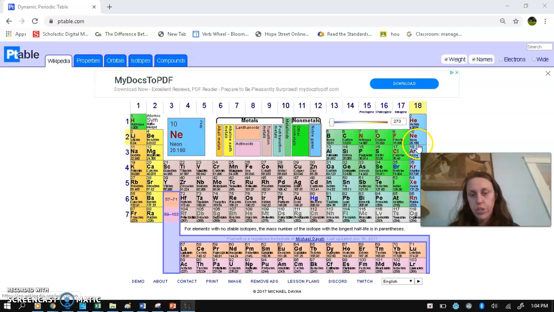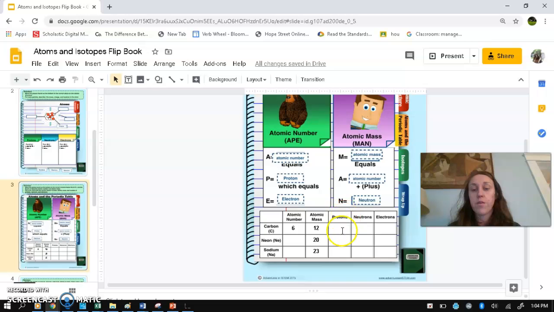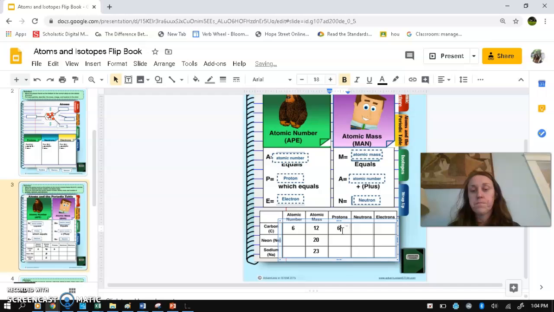And if you notice that they change, we're not messing with the decimal, so don't even consider it. Okay, so the atomic number for carbon is 6. Its atomic mass, I'm going to write them out for you guys, is 12. And sodium is 23. So the atomic number and the number of protons are always the same. So this is going to be 6.